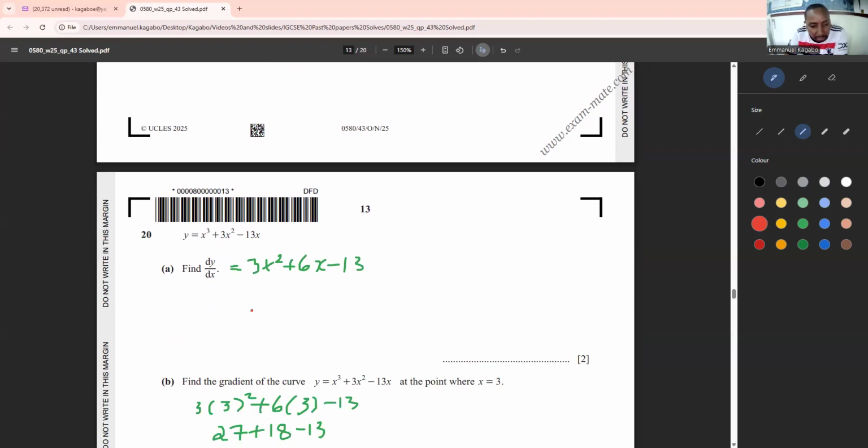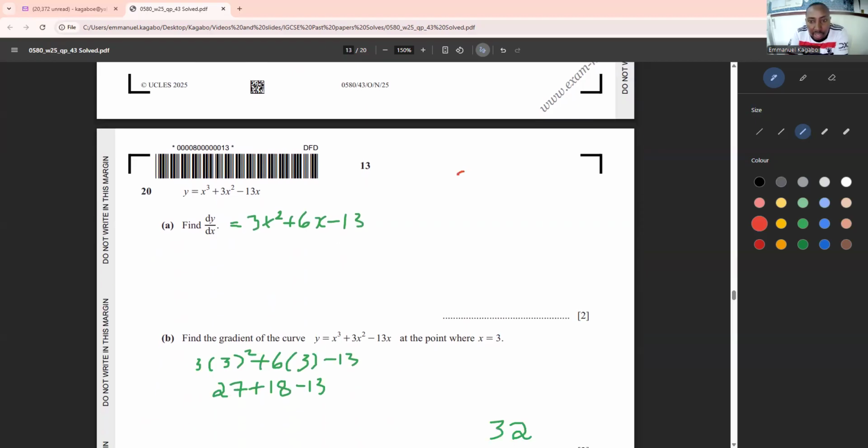Very important topic, by the way, in math, in general, IGCSE, IBDP, even in A-level mathematics, differentiation, derivative, very important, okay? Now, I use the formula y equals ax power n, and dy over dx is going to be n a x power n minus 1.